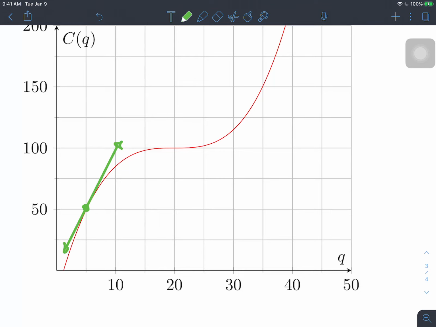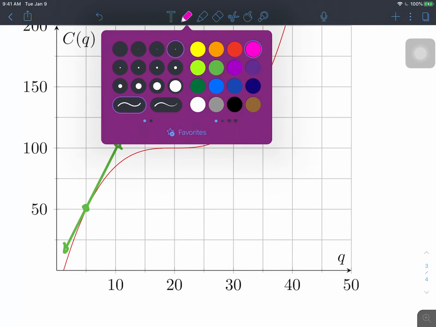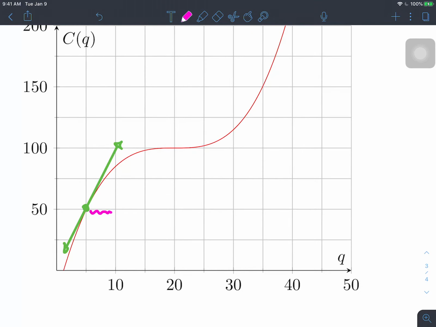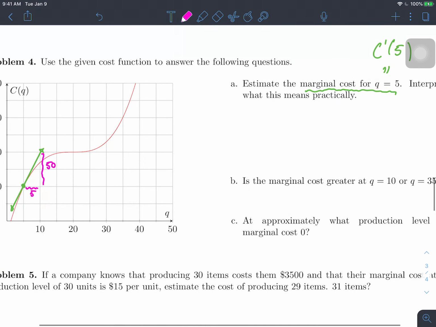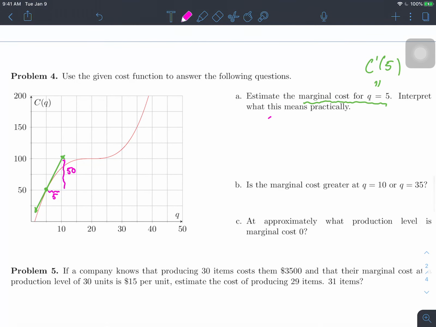And I want to estimate the slope of that line. Well, it looks like we went over 5 and up 50. So the rise was 50, the run was 5. I'm going to say 50 over 5. C prime of Q is approximately 50 over 5, which is equal to 10.